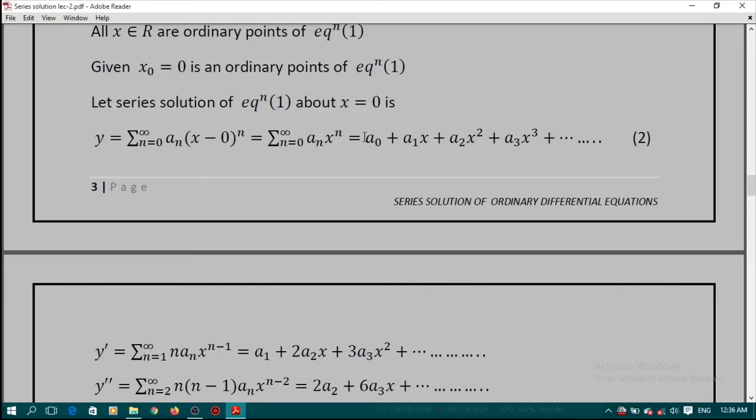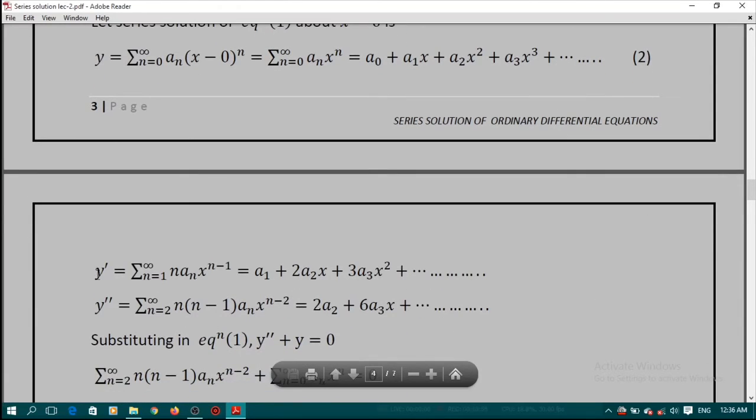You can write that as a0 + a1x + a2x² + a3x³ + so on. That is equation number 2. Now I mentioned it before, you can write this series solution in the form of summation, or you can write it in this form of series. Only use any one form, no need to mention both.